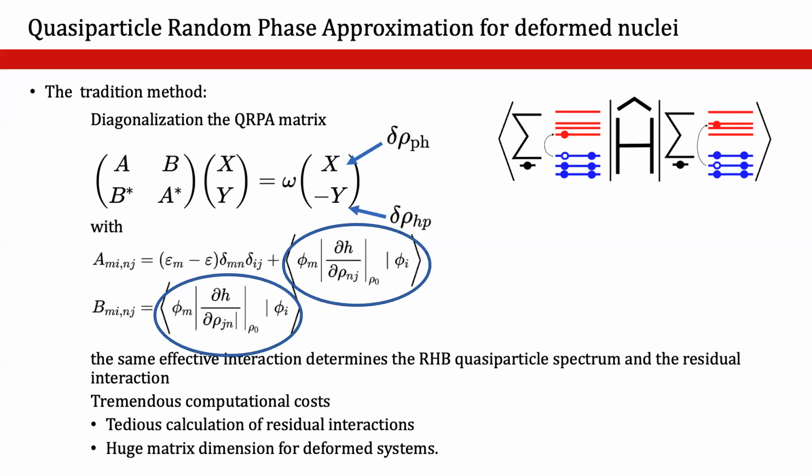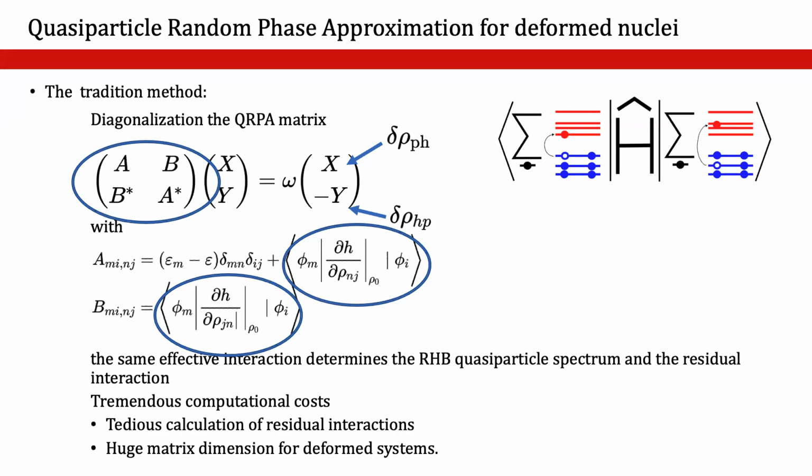But in the QRPA, we need to calculate this two-body matrix element, and this two-body matrix element in the deformed case is very hard to calculate. The other difficulty is coming from the matrix. In the deformed nuclear system, the QRPA matrix dimension can be very, very large due to the symmetry break.